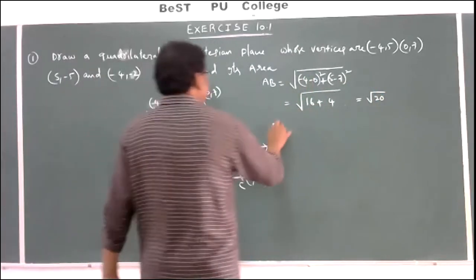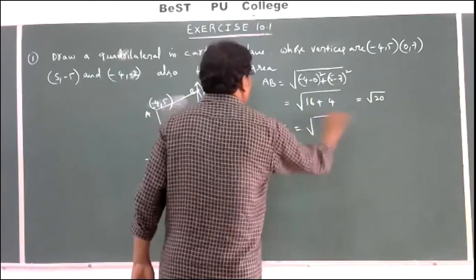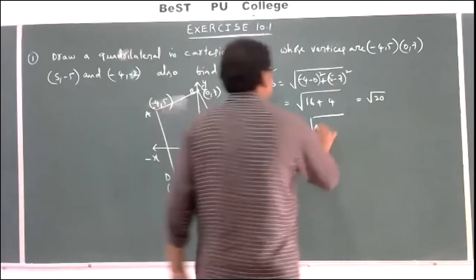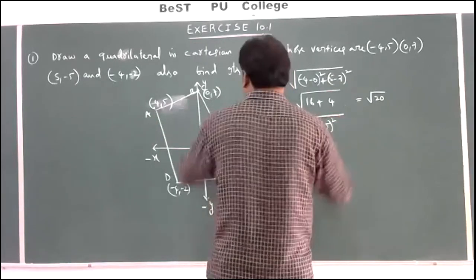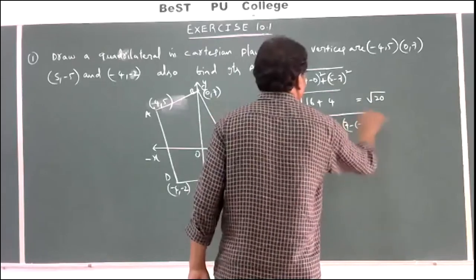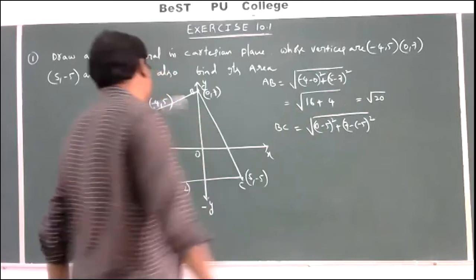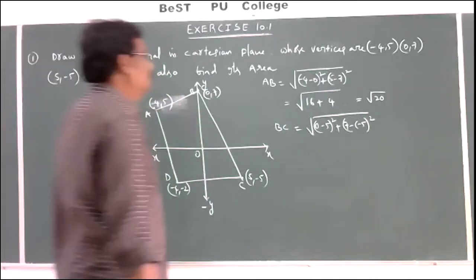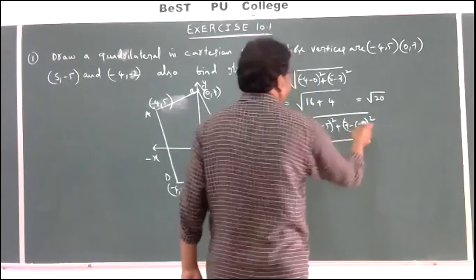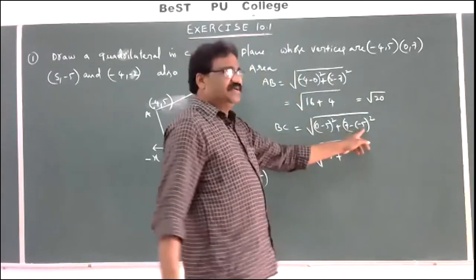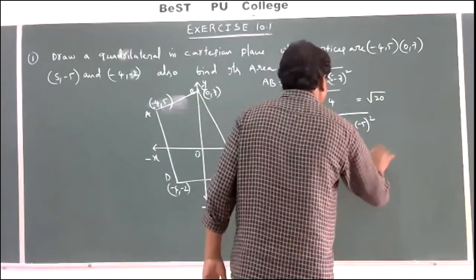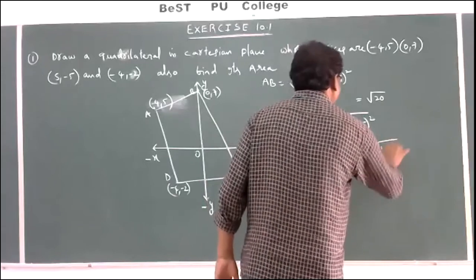And BC is equal to the square root of the distance between these two points: (0 minus 5) whole squared plus (7 minus of minus 5) whole squared. That is the root of 25 plus 12 squared, which is 144, so root of 169.